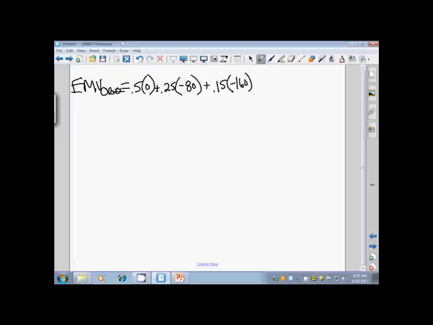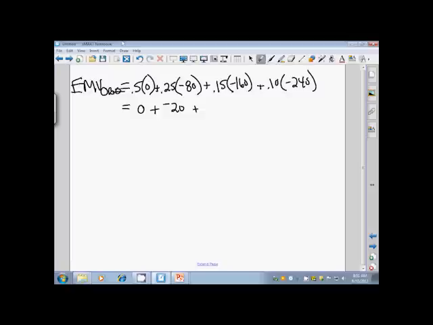And lastly, if there were 3 cancellations, the probability of that is 0.10, and we would be out $240. Now, if you're using a calculator that you're able to go through and do all this on, fine. I'm a step-by-step person, so I'm going to multiply each one of these points separately, and then I will add them up. So 0.5 times 0 is 0. 0.25 times a -80 is a -20.